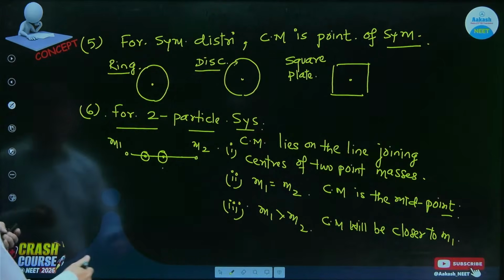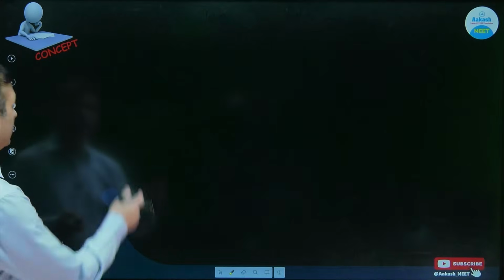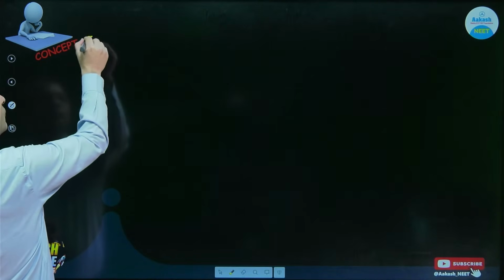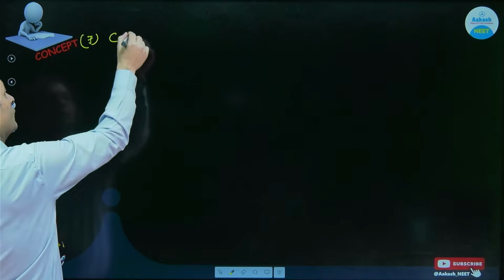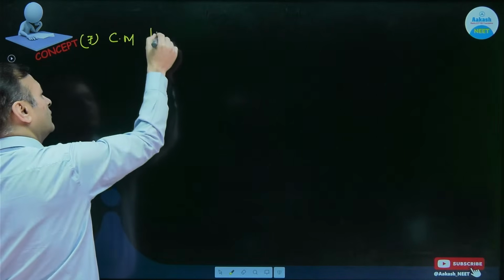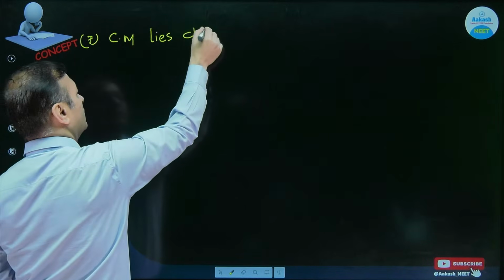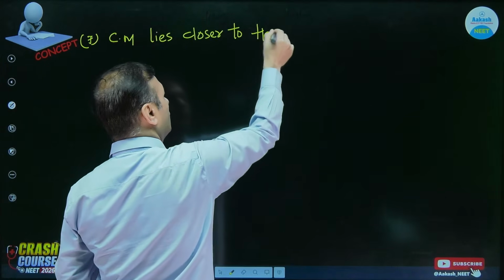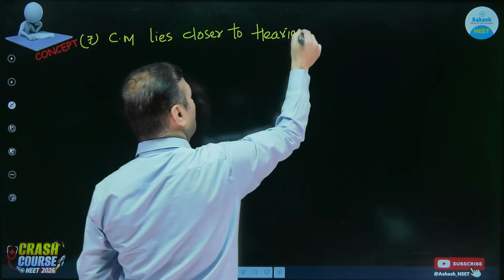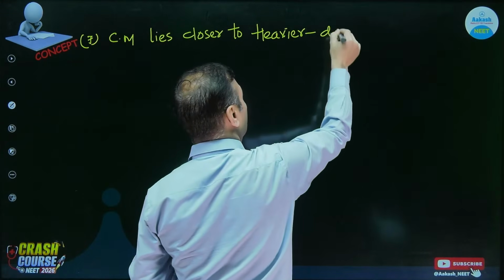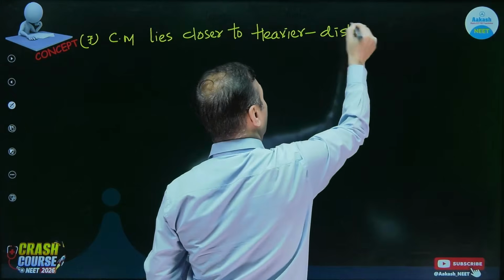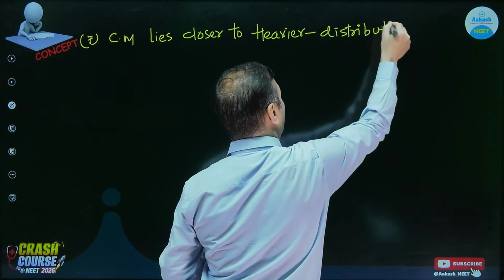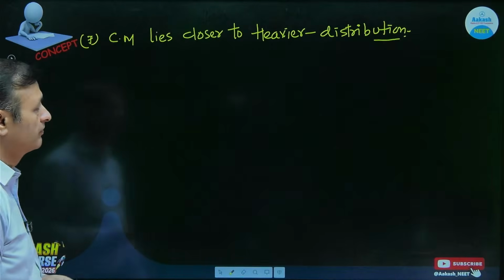So we have a very interesting property: center of mass lies closer to the heavier distribution. This is another feature.